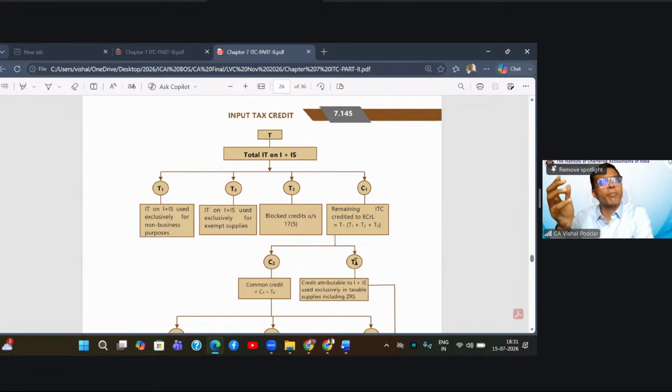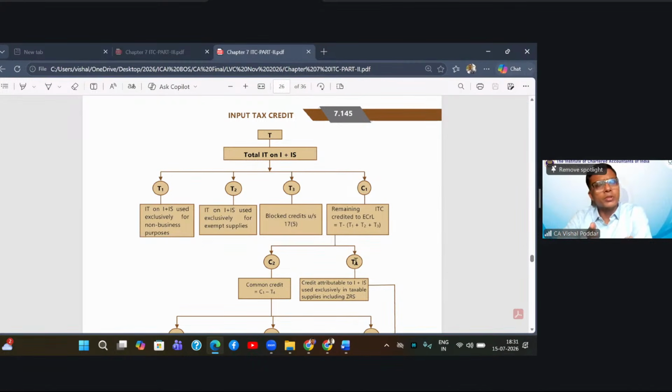Now, when I say proportionate, it is not necessary that each of my inward supplies has to be proportionated. On my inward side, I will have some supplies which are exclusively used for taxable, and some exclusively used for exempt. Those supplies I need not proportionate. Why?